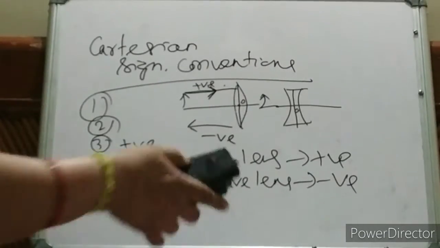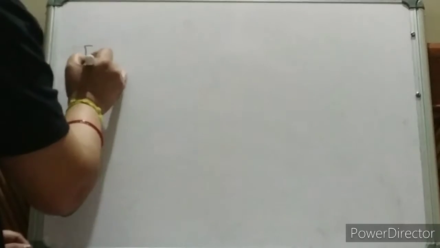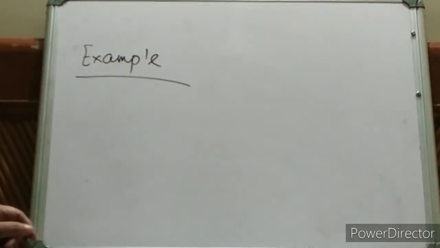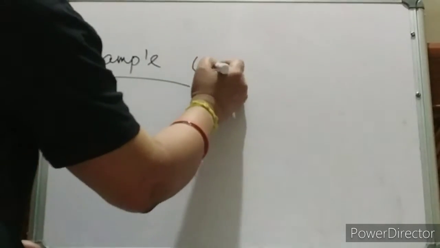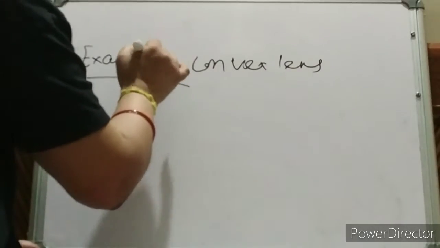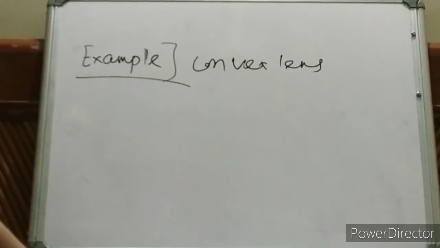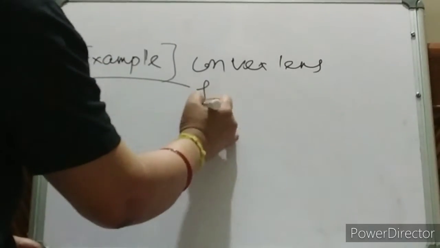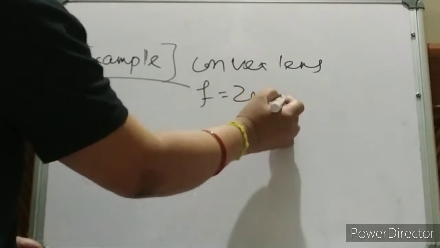We'll see one example of how to use this formula and how to apply all the sign conventions. This is only one example; different types of numericals we'll see after the power of lens. Suppose a convex lens of focal length f equal to 20 centimeter is given.